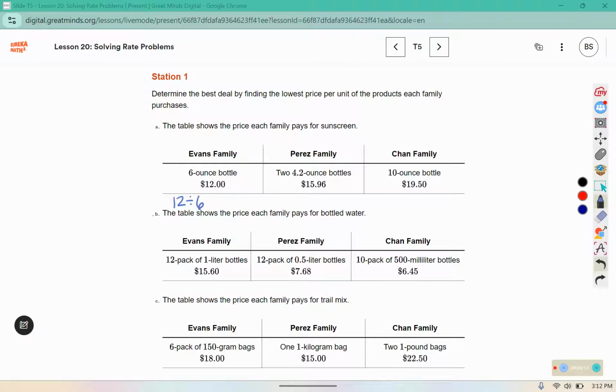For the Perez family, we have $15.96, but it's 2 of the 4.2 ounce bottles. So that is actually 8.4 ounces that they're purchasing. And the Chan family has $19.50 for one 10-ounce bottle.